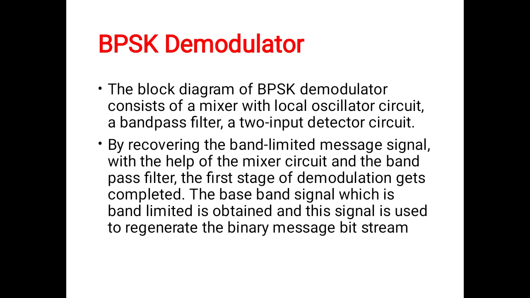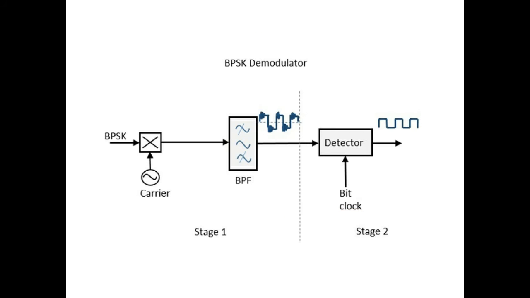By demodulating the band limited message signal with the help of the mixer circuit and band pass filter, the first stage of demodulation gets completed. The baseband signal, which is band limited, is obtained, and this signal is used to regenerate the binary message bit stream. You can observe the tables.